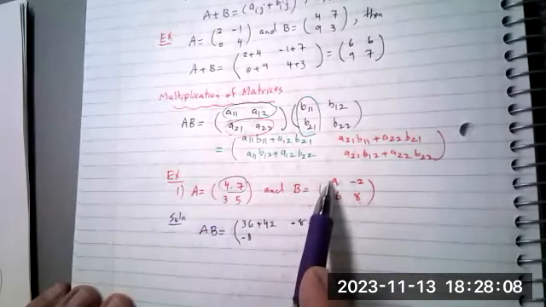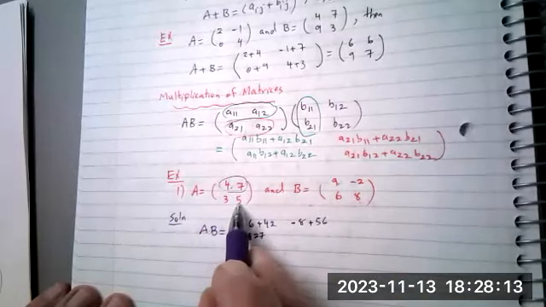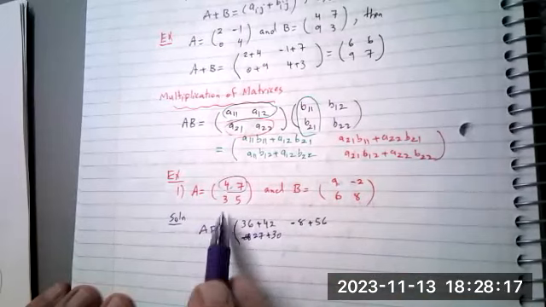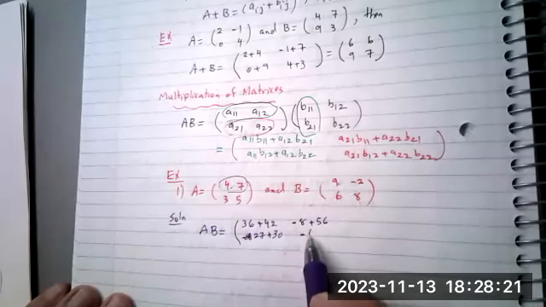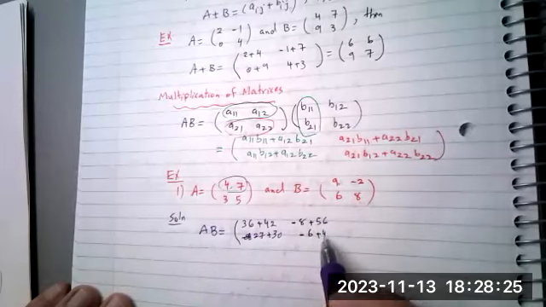3 times 9 would be 27. 5 times 6, 30. Then you come back and continue. 3 times -2 would be -6, and 5 times 8 would be 40.